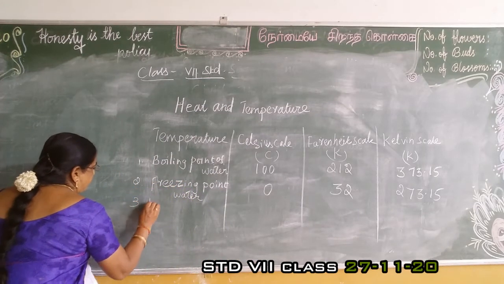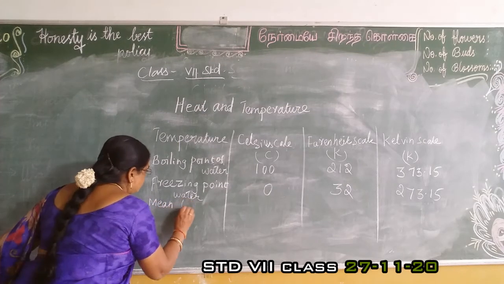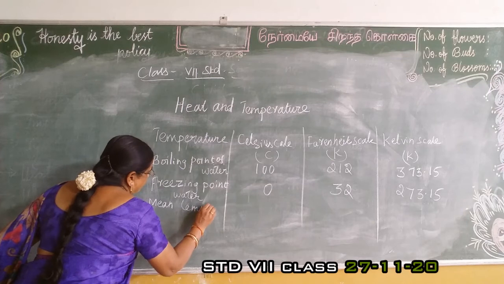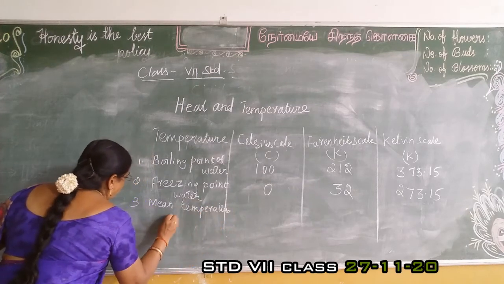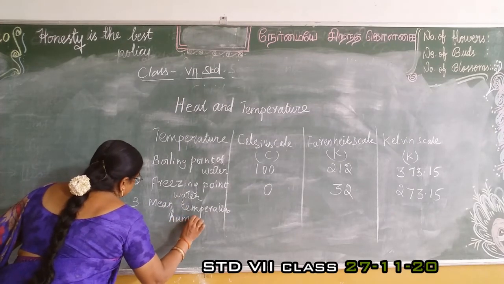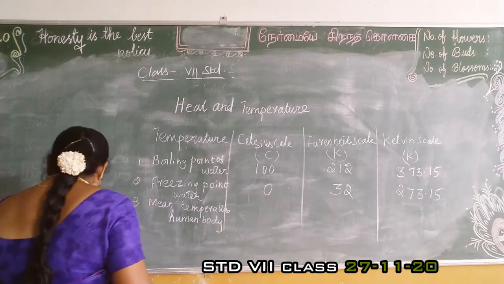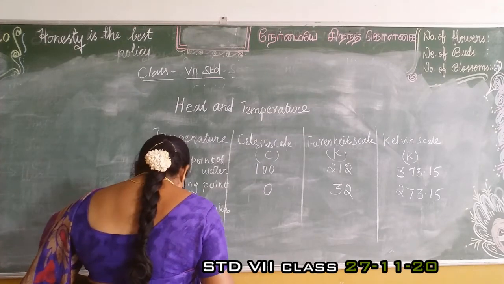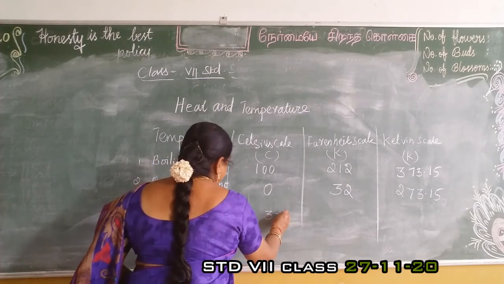The third one is the mean temperature of the human body. Mean temperature of the human body in the Celsius scale is 37 degrees Celsius.